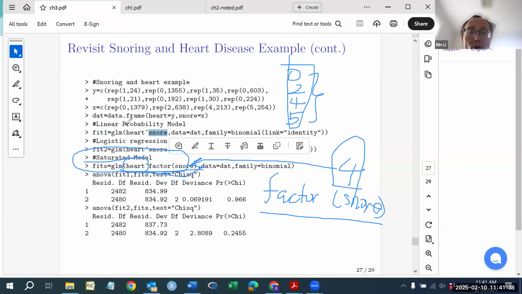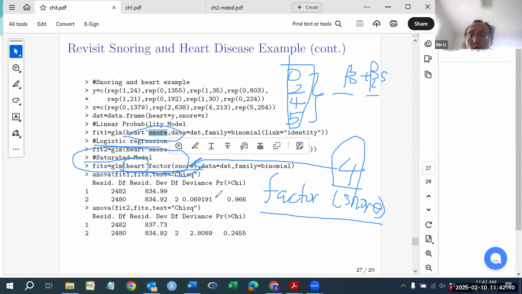But how many parameters do we use for the linear probability model? 2. Is that right? Because we have 1 for the intercept, beta 0, and 1 for the slope, beta 1, for the snoring. And for the logistic model, we still use 2 parameters, beta 0 and beta 1.